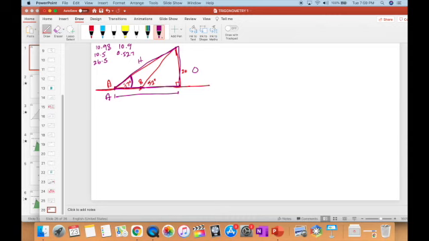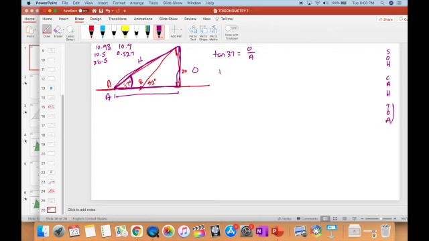So in terms of the big triangle, this is the opposite, this is the adjacent, and the hypotenuse. We want to find the adjacent, so remember, always write on the side here, just in case. So we want to use opposite and adjacent, tan. So the tan of 37 is equal to opposite over adjacent.